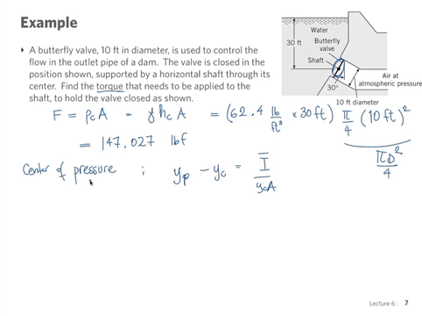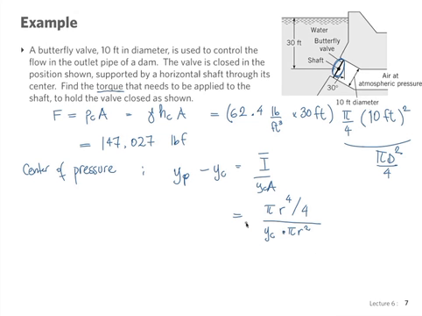So let's calculate the distance below the centroid where the line of action of the force is, using our shortcut number 2. And here we need to look up the moment of inertia of a disk, and we find that it is pi r to the 4th divided by 4. That is the moment of inertia. And the area is pi r squared. So it's yc times pi r squared.